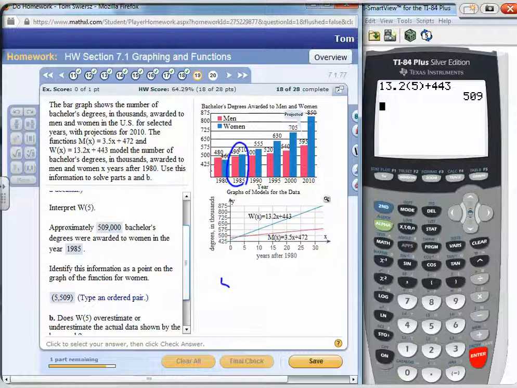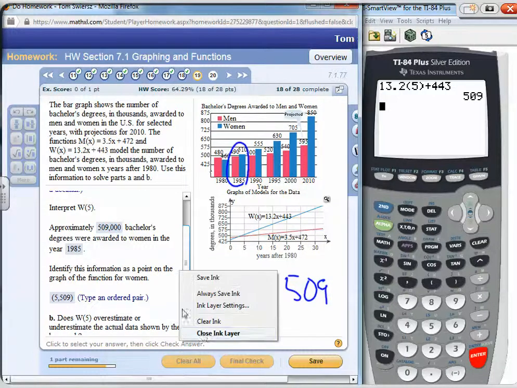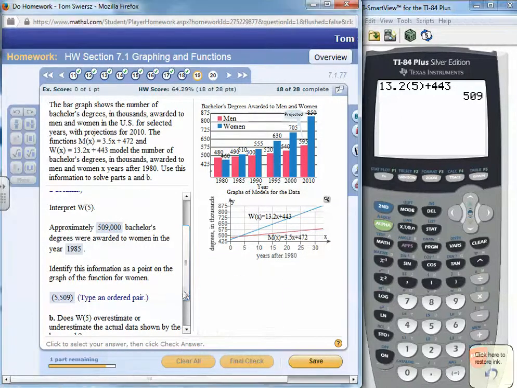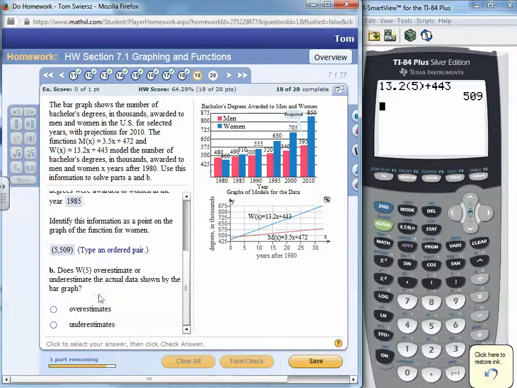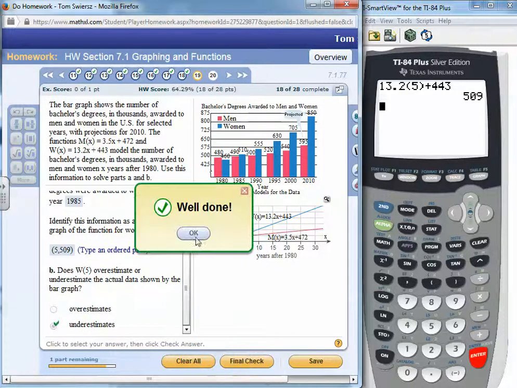It's got 510, so the correct answer is 510. We got 509. So we were under by 1. You're comparing the number we got to the number in the chart, so it underestimates, we went below it, because the number in the chart for 1985 for women is 510.